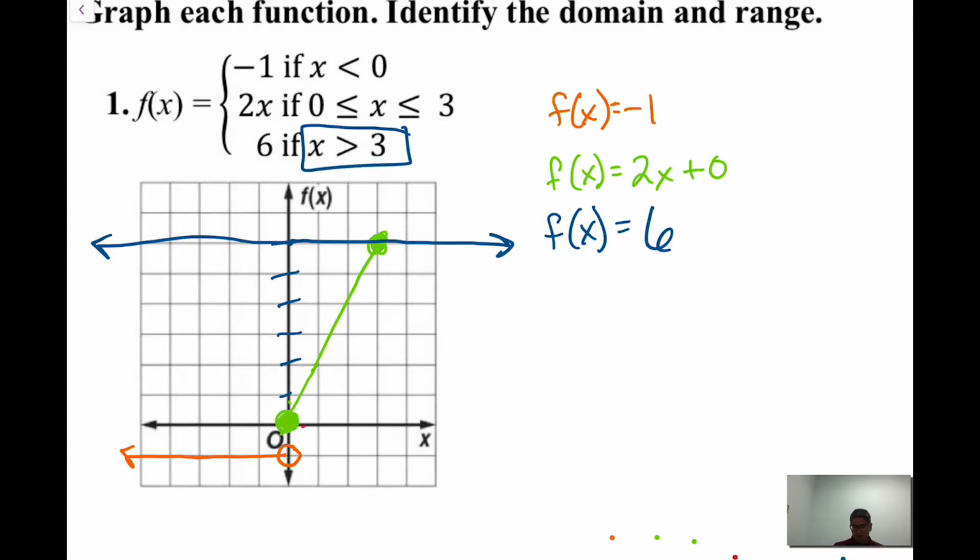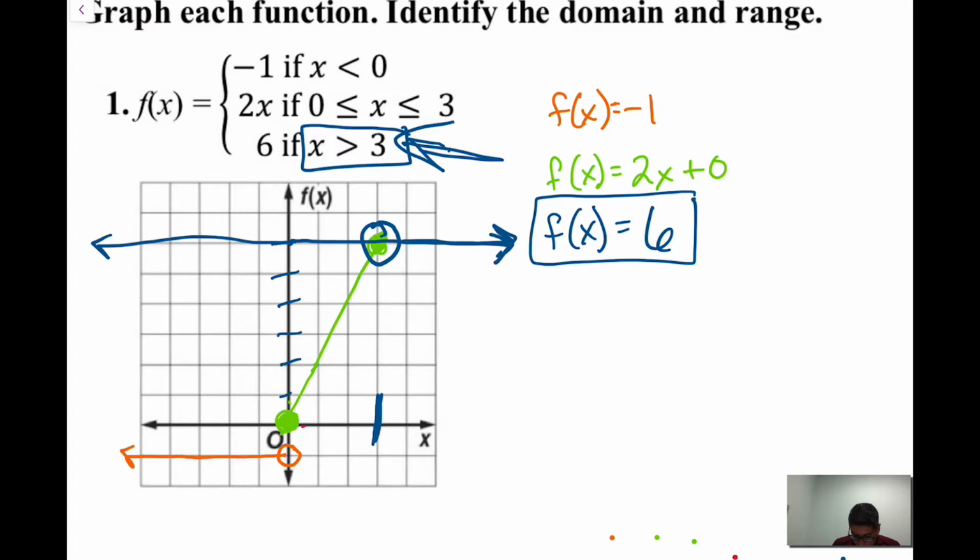The function f of x equals 6 is true when x is greater than 3. And this is a greater than, so that does not include 3. And then here's my x is 3. So for this point here, it's an open circle, and x must be greater than 3. So that means I can ignore this portion of the graph.